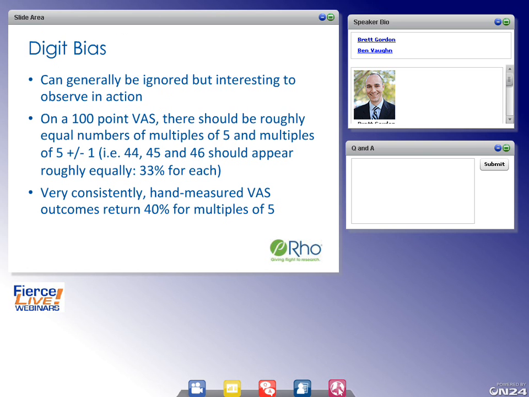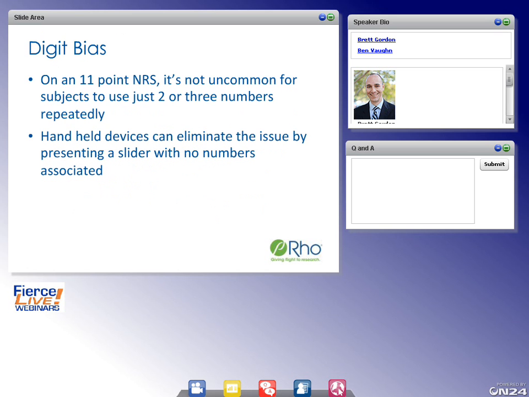Same thing for numeric response scale. You can see where it's not uncommon for subjects just to report the same 2 or 3 numbers. And part of the problem with NRS, and this applies to both paper and tablets if you actually have the numbers on there, is subjects can recall from day to day what they reported the previous day.